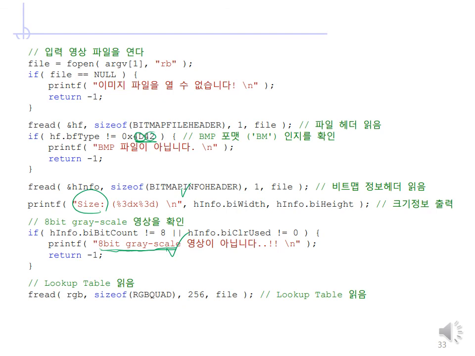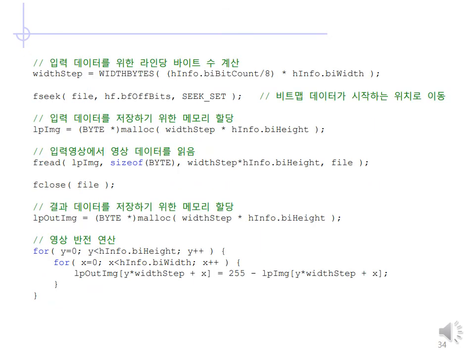Then they read the file, they read the lookup table, they allocate the memory, and they calculate the output image using width step.